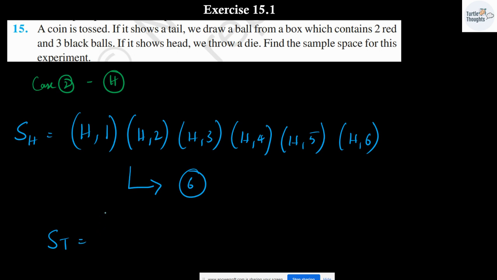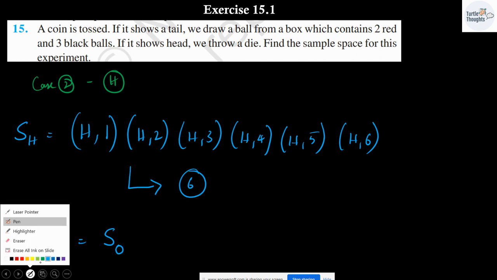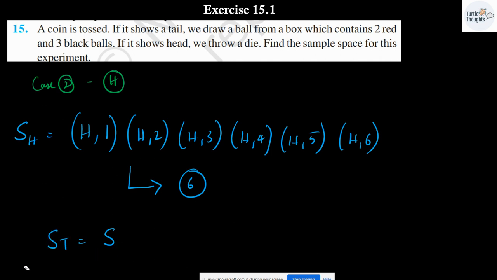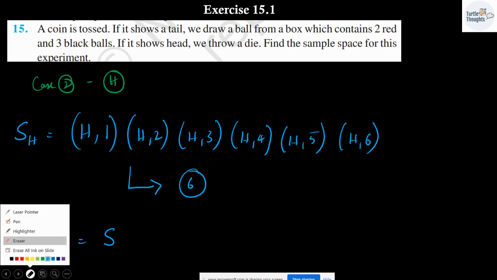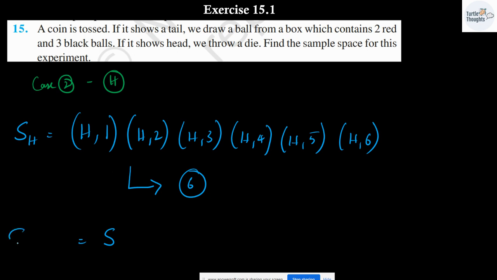ST, which is the total sample space, is going to be the sample space of case 1 and case 2. Okay, this might be a little confusing because I was writing ST for the other case, right? So I will be writing S total here just to prevent the confusion.